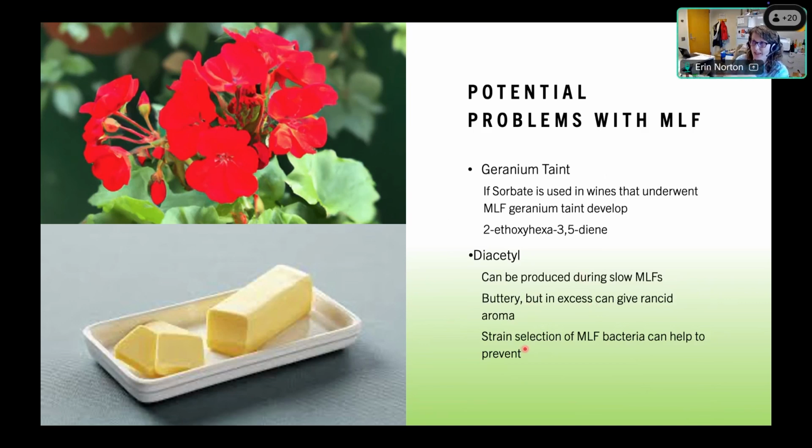So I know Scott Labs has a strain chart that tells you which ones produce more diacetyl or less. It is produced in higher concentrations in slow malolactic fermentations. And where are we going to get slow malolactic fermentation? Sequential inoculation. Okay, so co-inoculation, you should have low concentrations of diacetyl. So just FYI, that's kind of how that works.